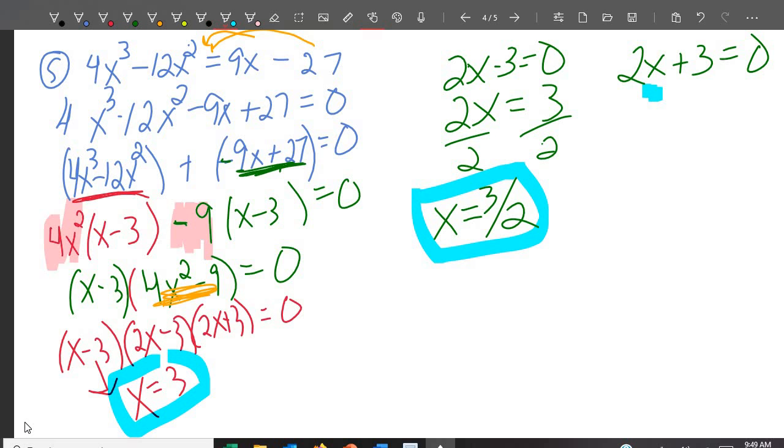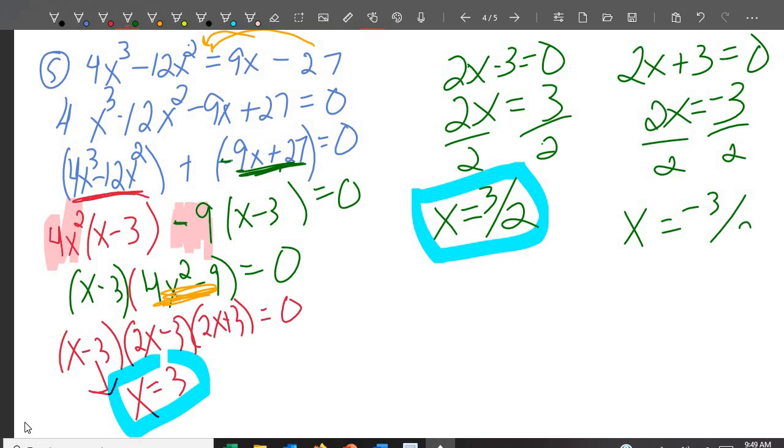This one, when I subtract 3 from both sides, we'll get negative 3 on the left, on the right, 2x will be negative 3. Divide by 2, so we get x to be negative 3 halves. There's my 3 answers. So you've got to remember the grouping method if you get 4 terms.